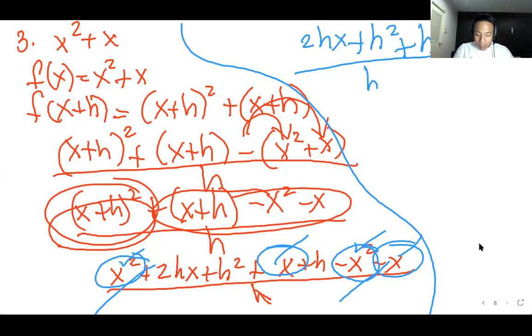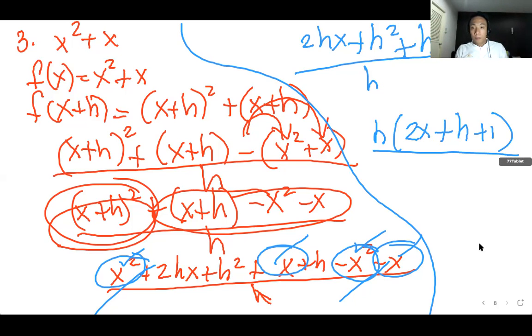So here, since all of the parts of the upper part ay merong h, pwede ko siyang ilabas. Correct? So ilalabas ko si h, it will become h multiplied by 2x plus h plus 1 all over h.